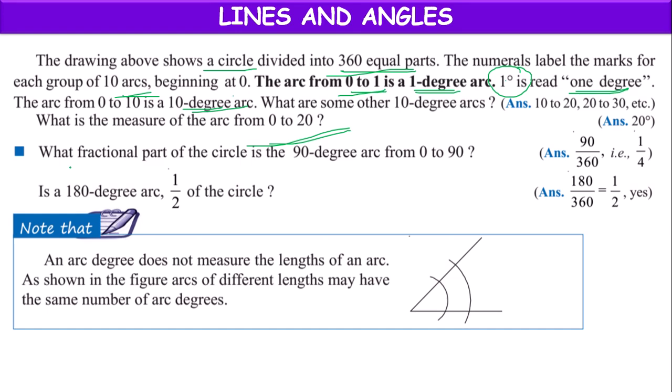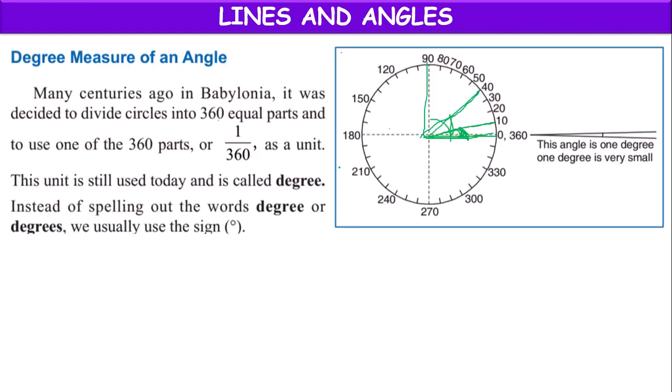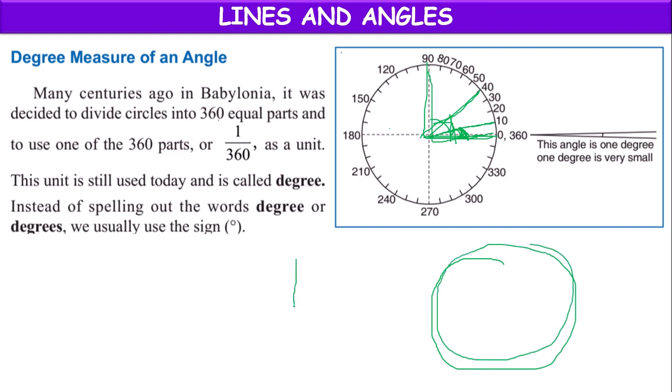Now the question is, what fractional part of the circle is the 90 degree arc? They are asking us, this 90 degree arc will be what part of the total circle? This is the total circle. Out of the total circle, this 90 degree arc will be what part?